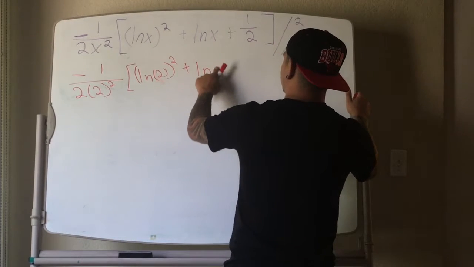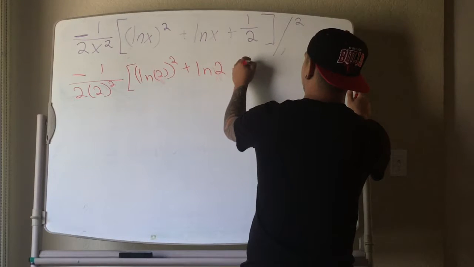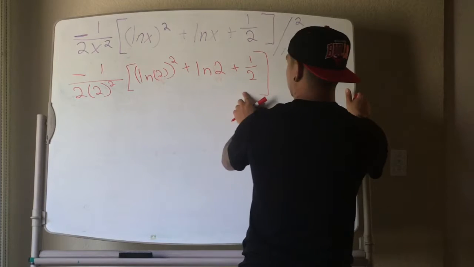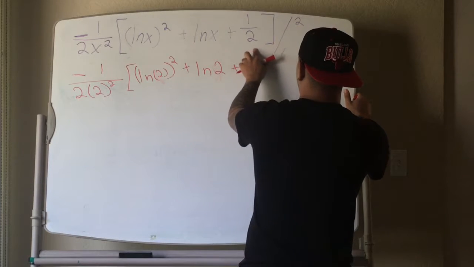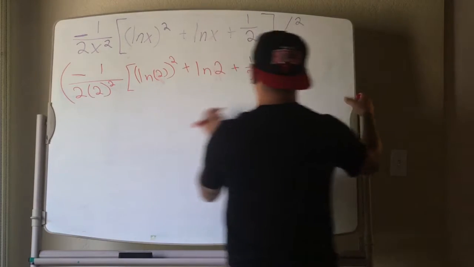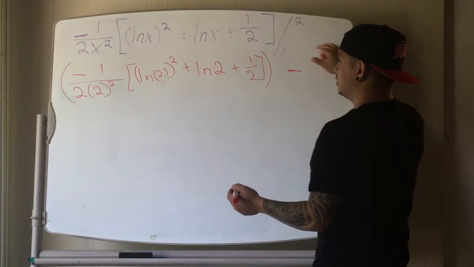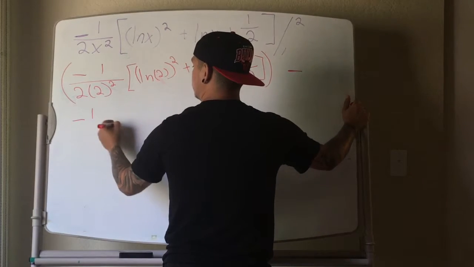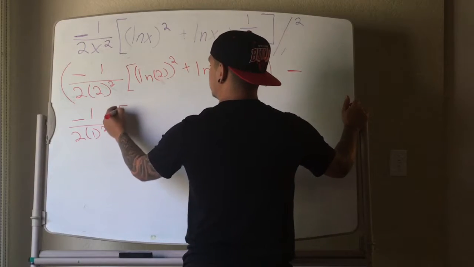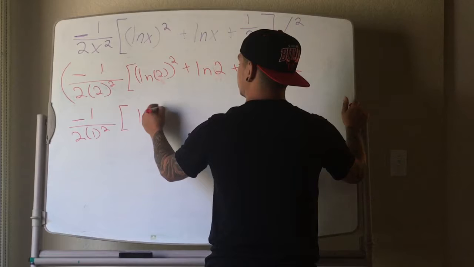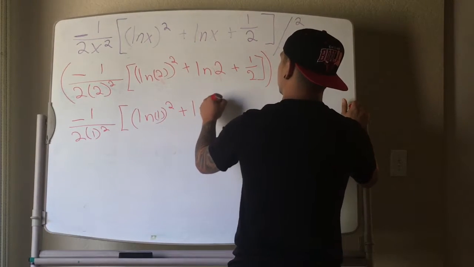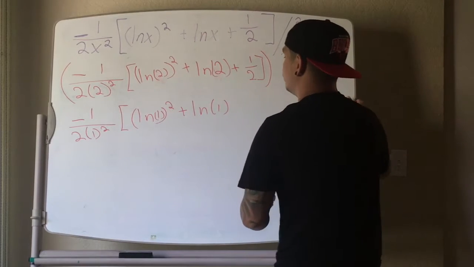Oh, I keep writing x. 2 plus 1/2, and this, brackets, and this is going to be subtracted by plugging in 1. 2, remember, put your brackets around where you're plugging in so it doesn't get confusing. Look at, I'm not listening to my own advice.